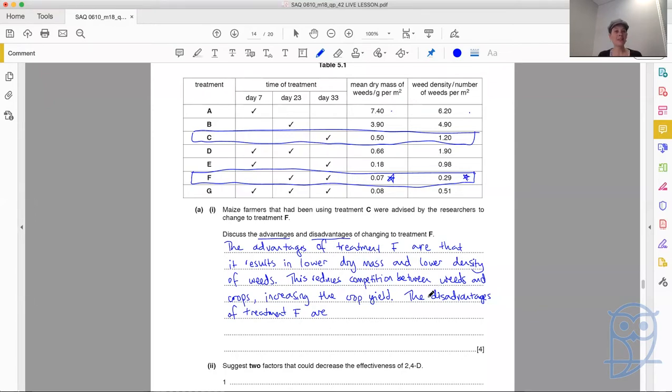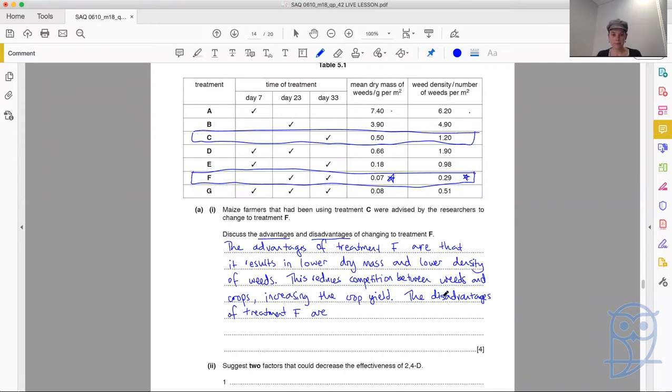Double the amount of weed killer means double the time and double the price. It's more expensive. It also means double the environmental risk, because every time we use that weed killer, we have that potential impact on the surrounding environment and the naturally occurring plants.